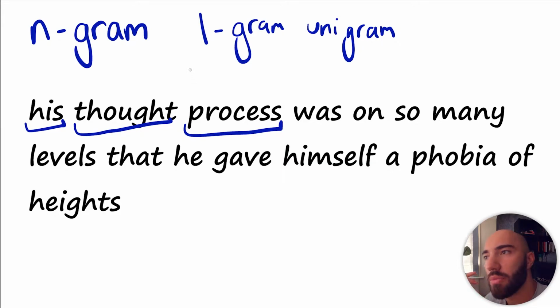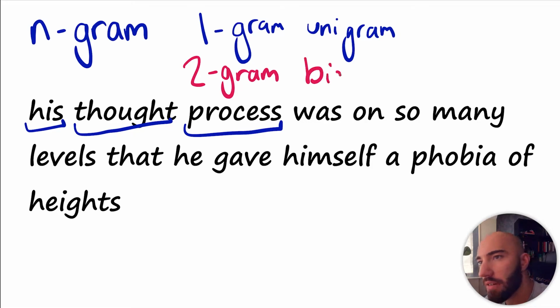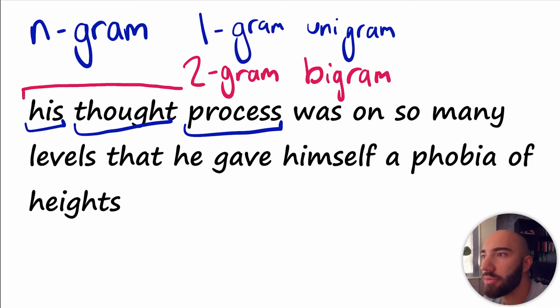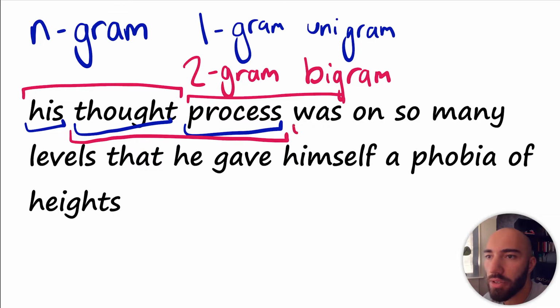Now, if we move one up from that, we can do 2-grams, which is a bigram. And a bigram is obviously taking two words at a time. So we would take these two words together, and then we would also take these two words together. We would keep going through, taking two by two all the way until we get to the end.